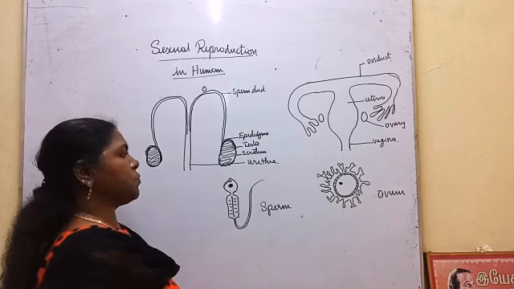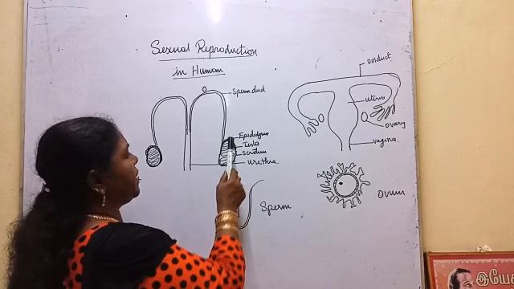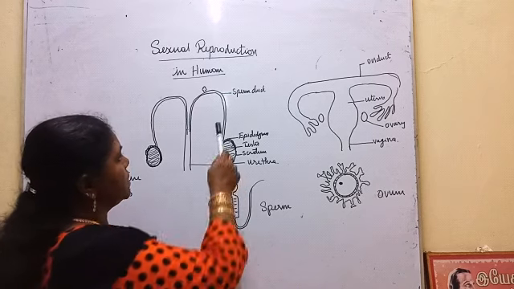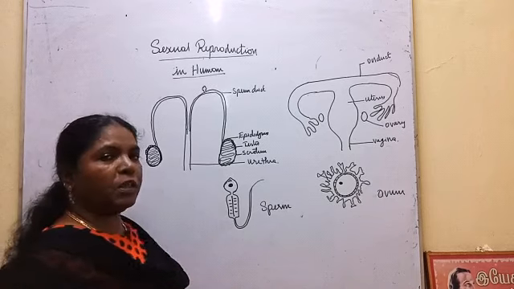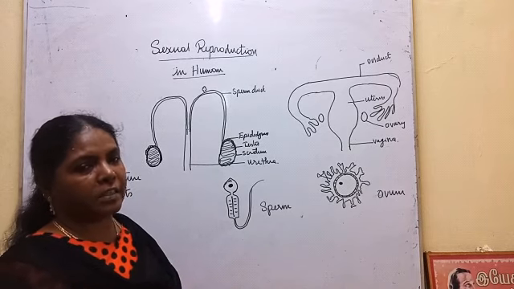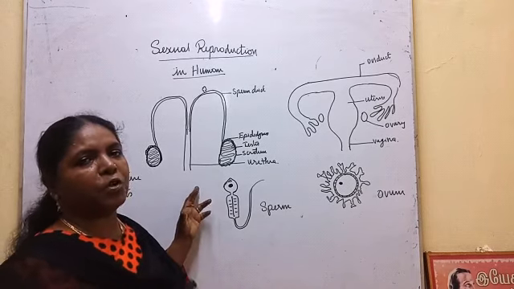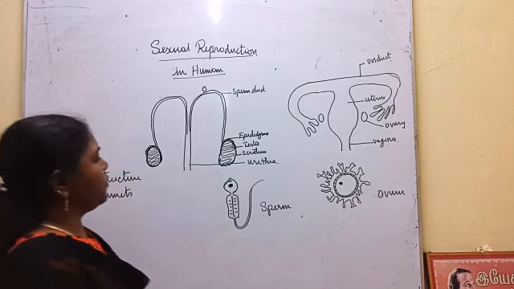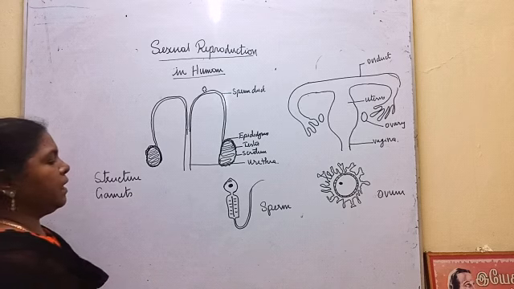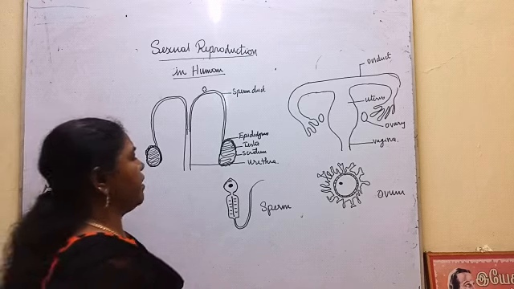So, testis produces sperms and epididymis stores sperms. Sperm duct transfers sperms to the urethra. Urethra transfers sperms to the exterior. Urethra is a common passage for urine and sperm in male. Okay? And if you take the structure of sperm, it is a male gamete. It has a head.